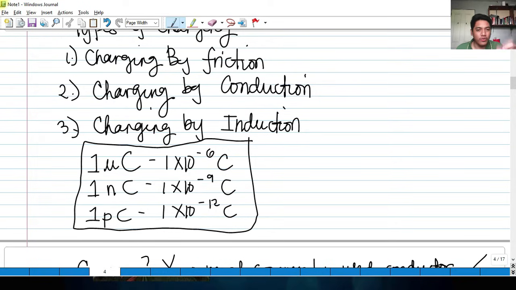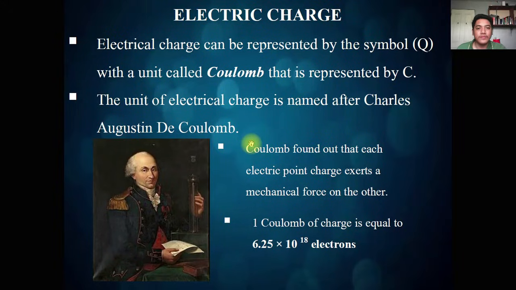So again, coulomb is the unit of charge denoted by big letter C. Coulomb found out that each electric point charge exerts a mechanical force on the other. In other words, whenever we have two point charges, these two point charges exert mechanical force on each other.